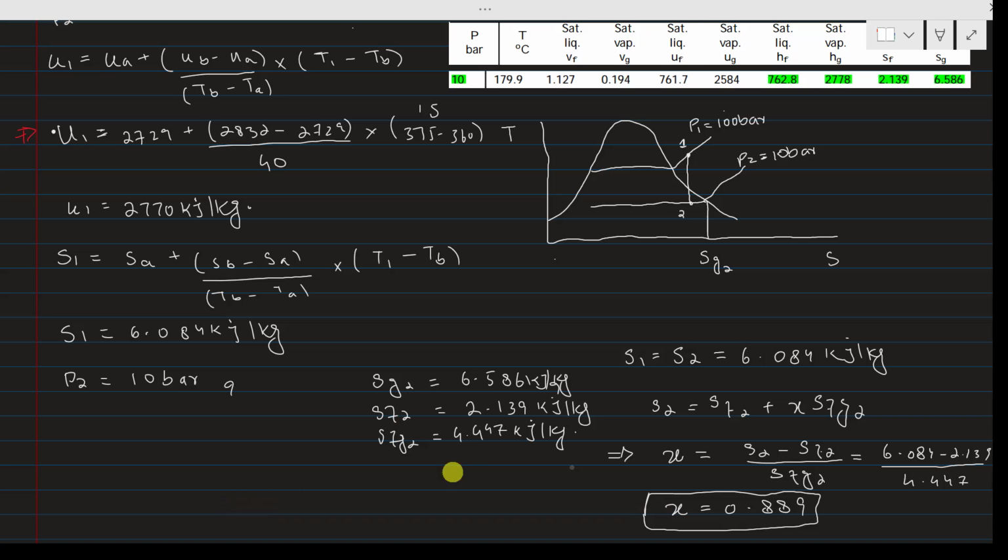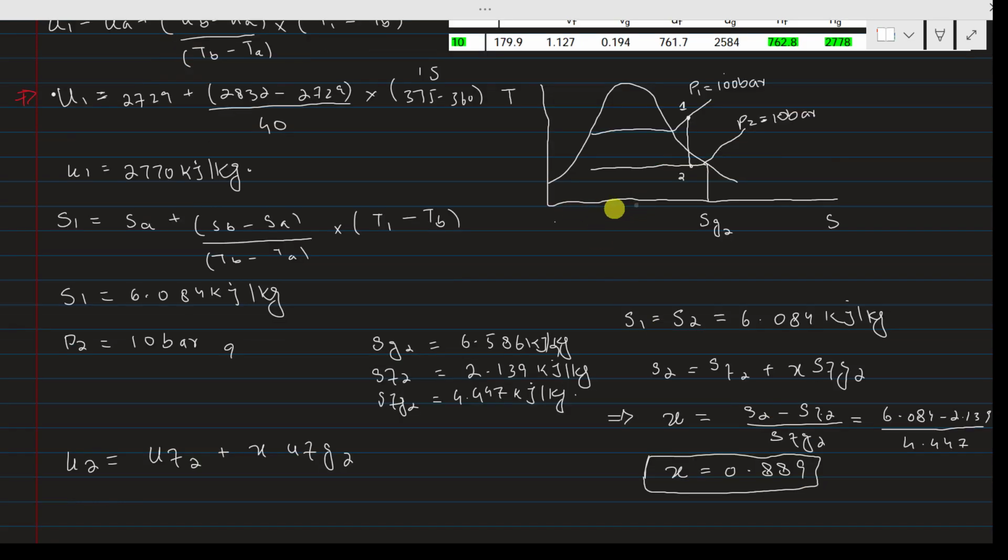The internal energy U2 is equal to Uf2 plus x Ufg2. From the saturated steam table at 10 bar, Uf2 is 761.7, plus the dryness fraction 0.889 times Ufg2.